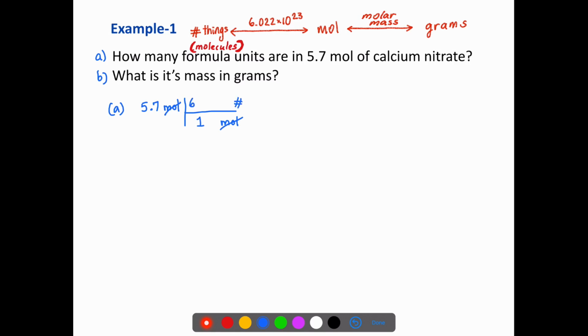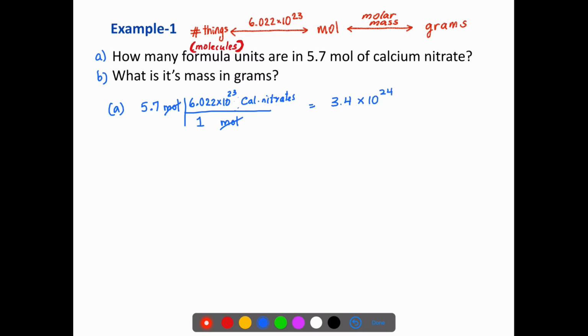That's 6.022 times 10 to the 23 calcium nitrates. You can calculate that, and the answer turns out to be 3.4 times 10 to the 24.